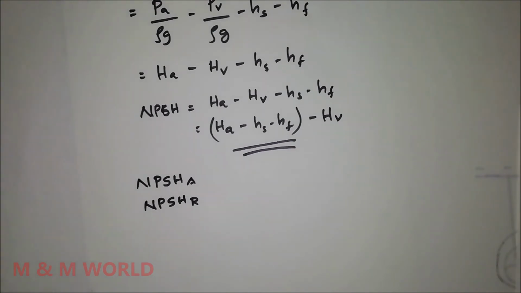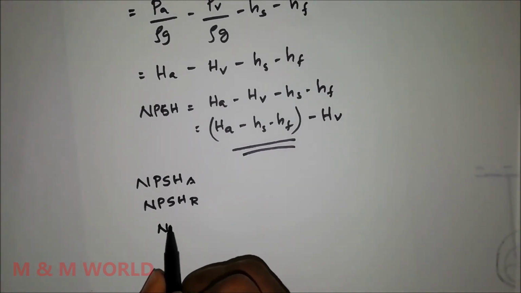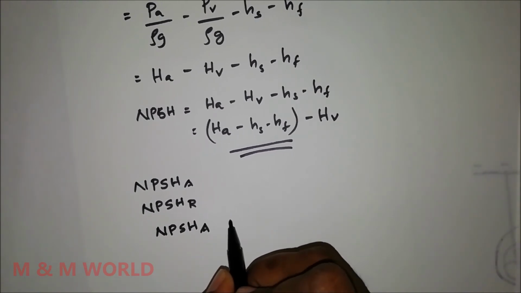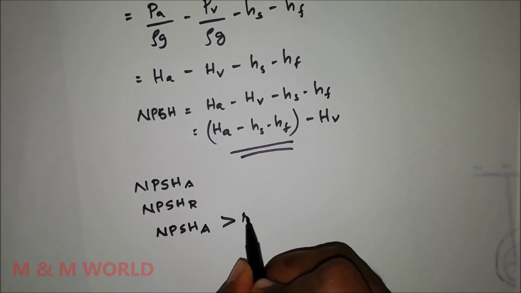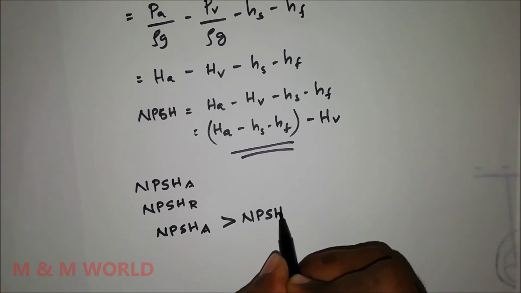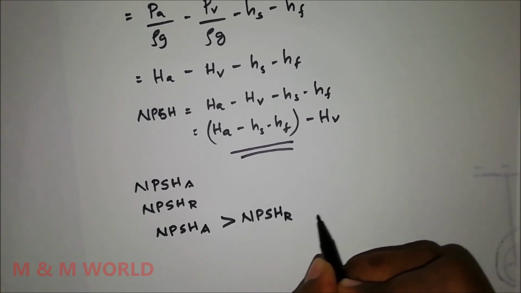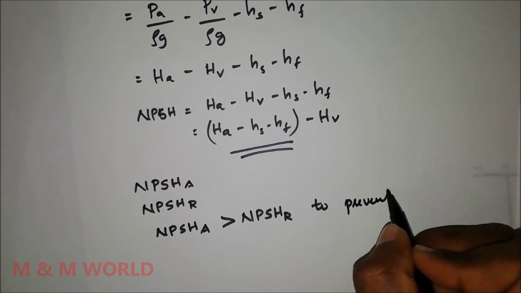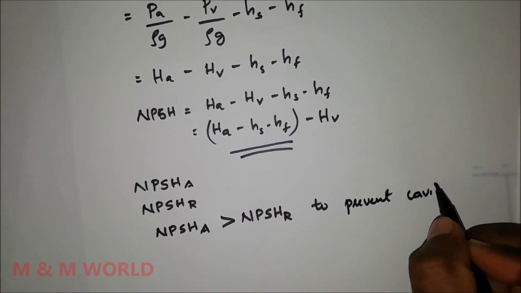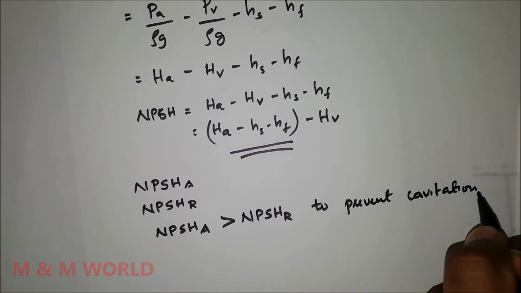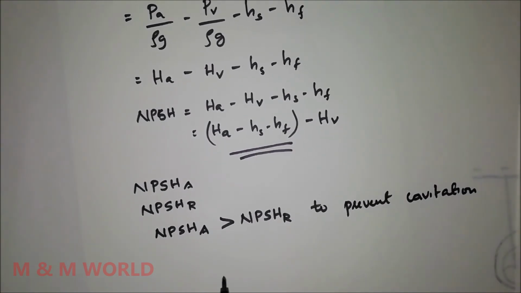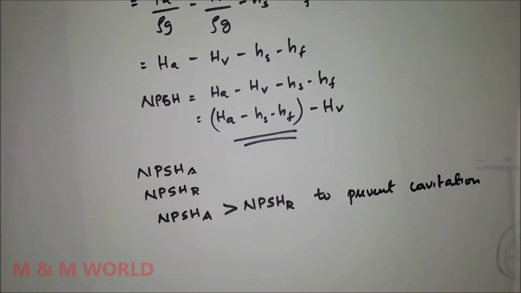And the value of NPSH available must be greater than NPSH required to prevent cavitation.